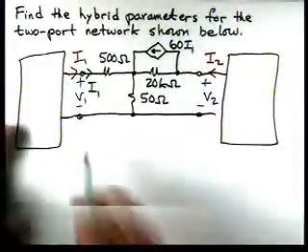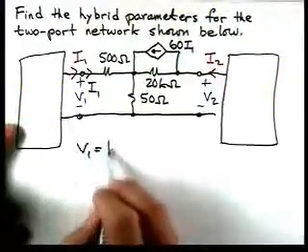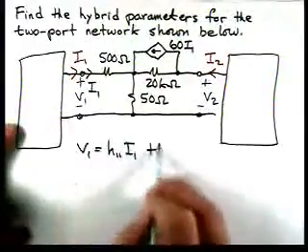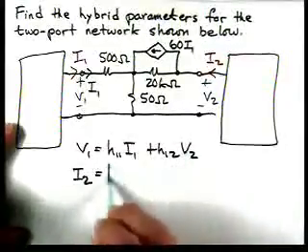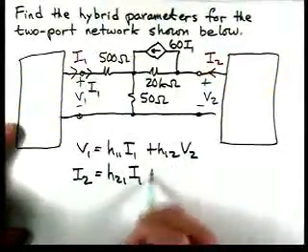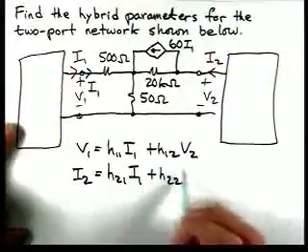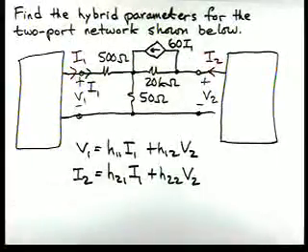And our parameters then, V1 is H11 I1 plus H12 V2, and then I2 is H21 I1 plus H22 V2. And our task then is to find those four parameters.